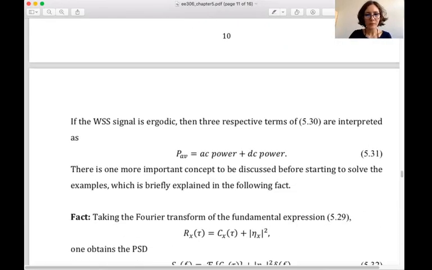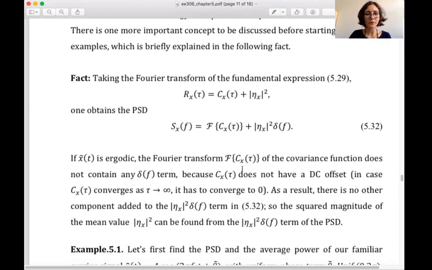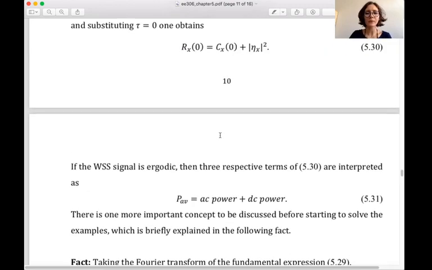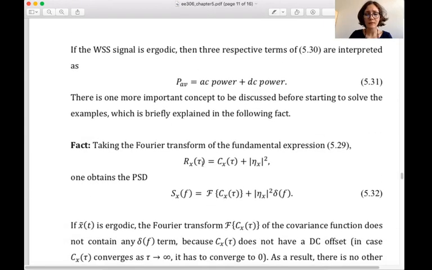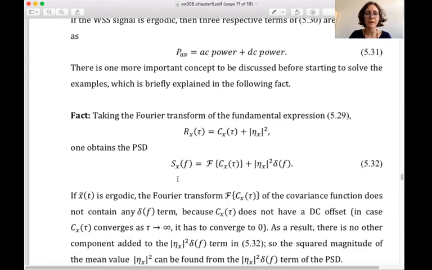Now, going back to the notes, we could go back to this equation and also interpret the same equation in the Fourier domain. Imagine that you take the Fourier transform of all of the sides. Taking the Fourier transform of the ACF, you get the power spectral density.